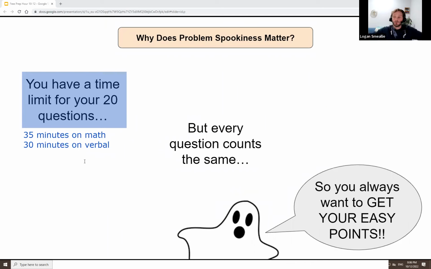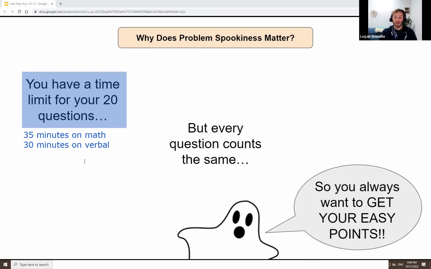And there's going to be a whole range of difficulties within every section. There's going to be easy, medium, and hard questions in your first section. And then when you get into the second section, you might get an easier set, a medium set, or a hard set. Depending on how well you did the first time, the better you do, the harder of a set you'll get, and the higher score band you'll be in.